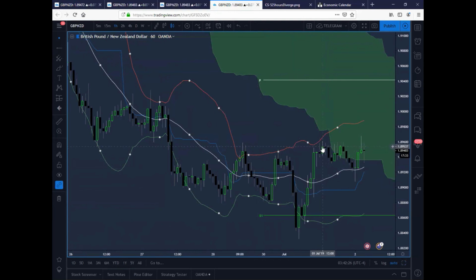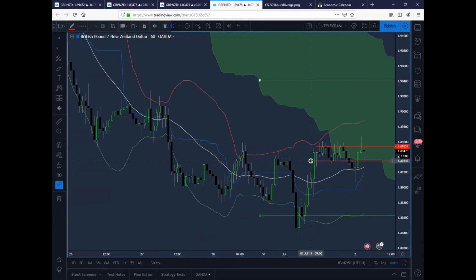There goes our wall right there. Support and resistance right here. Here's our range. I'm gonna put it here, but technically it's right here. That's our range right there.